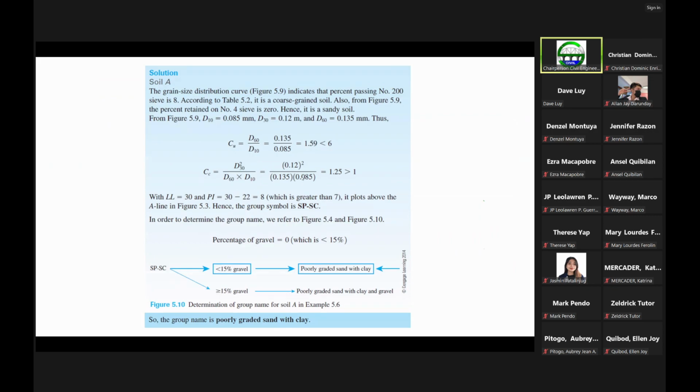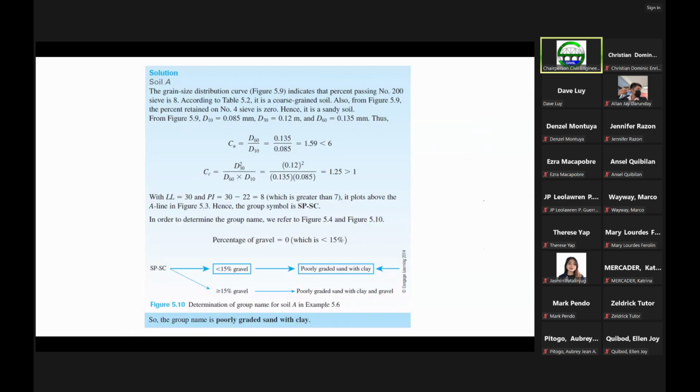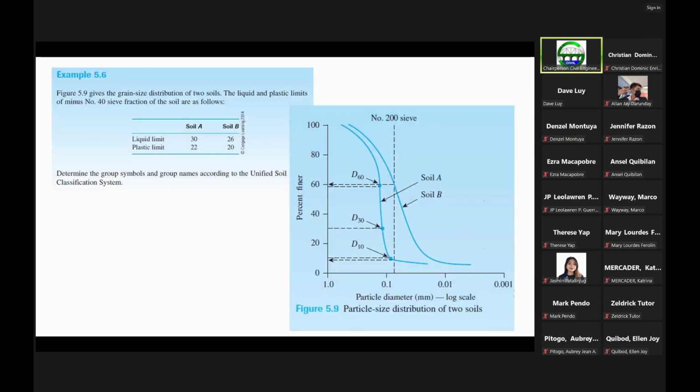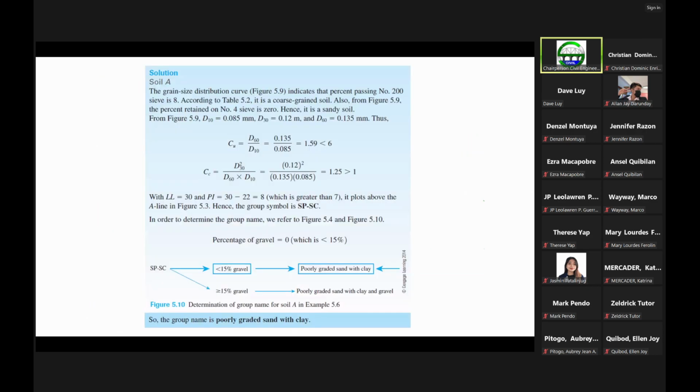So according to table 2, we have percent passing number 200 is 8.